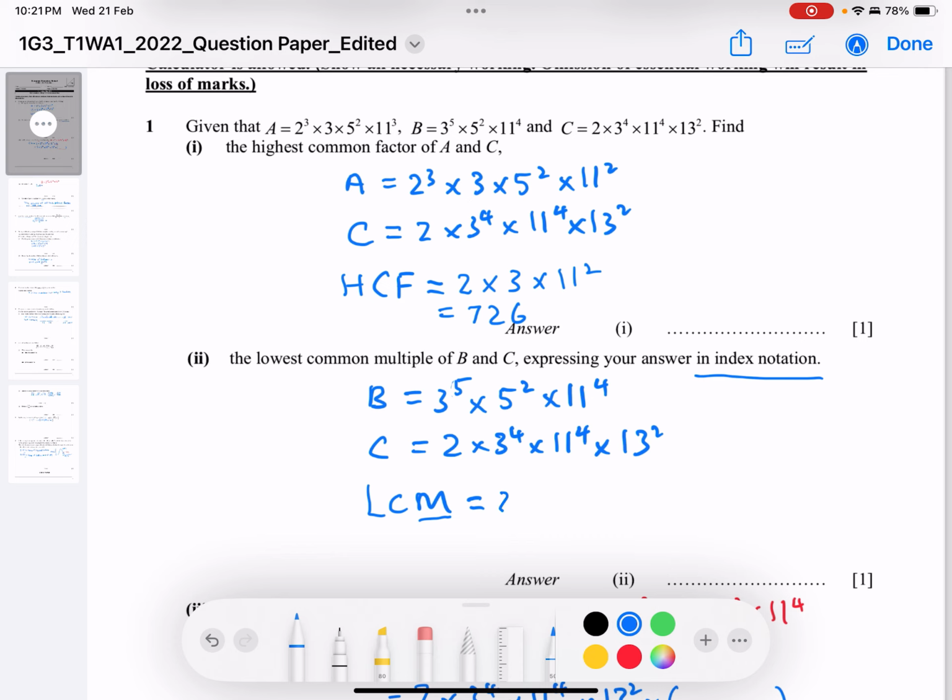So we start with 2 and then 3, and this time we pick the higher power because the higher power would contain the factor with the lower power. 5 squared. Every number must be considered. So the next one is 11 to the power of 4, and the last number is 13 squared. So now we have all the factors which belong to both numbers. That is the LCM.